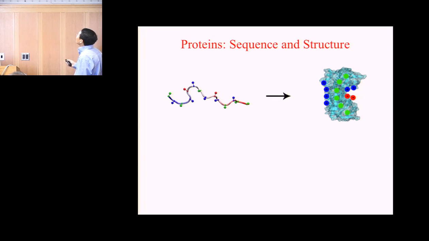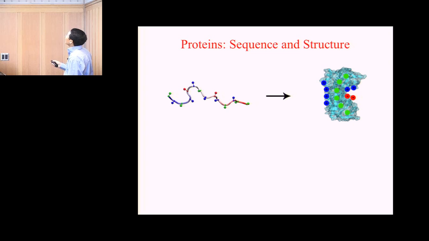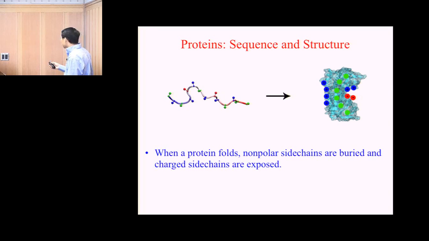The charged groups can be arranged in a way such that they form stabilizing pairs of opposite charges in some cases, but in other cases a patch of like charges is clustered so that it forms a binding site for an oppositely charged protein, so that they can have electrostatic attraction between the protein molecules. I'll show you some of those examples later on.